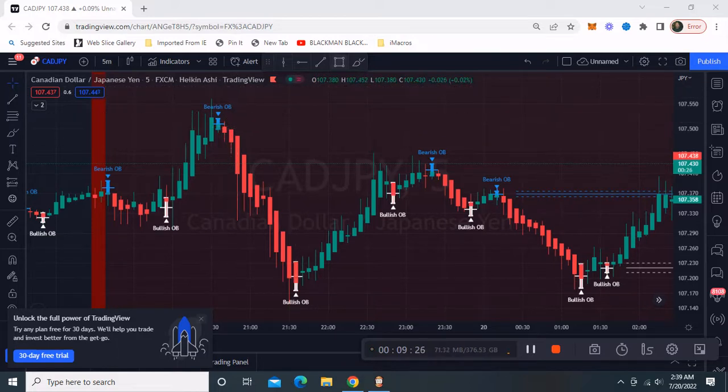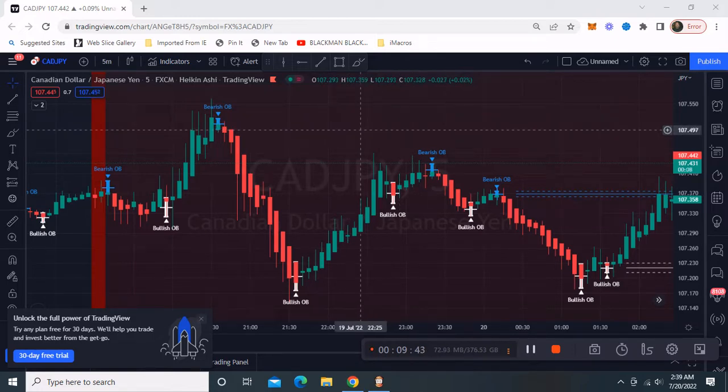You take your rectangle indicator and draw it from top to bottom, including the wicks, and pull it all the way out.